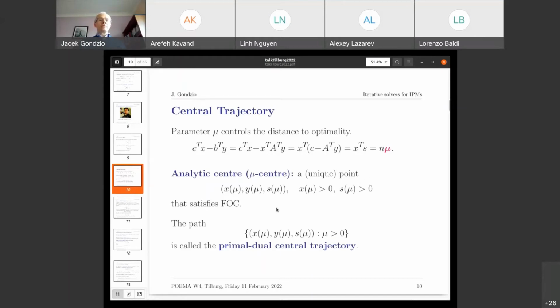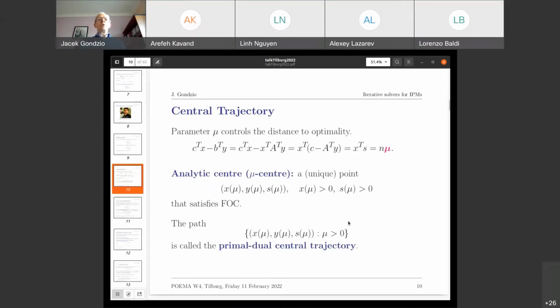And moreover, if we then allow the parameter μ to go from infinity to 0, this will define a continuous curve, which is called the primal dual central trajectory.